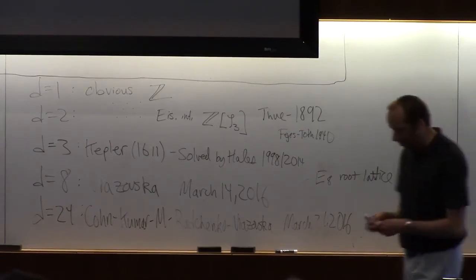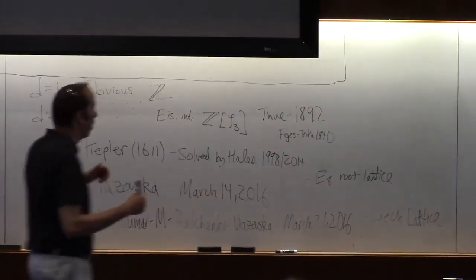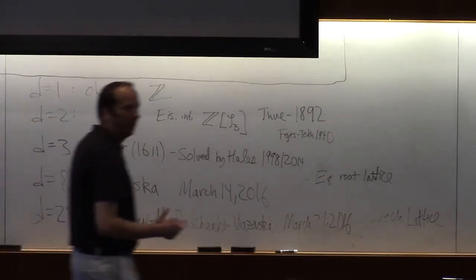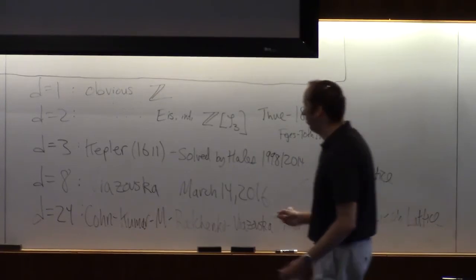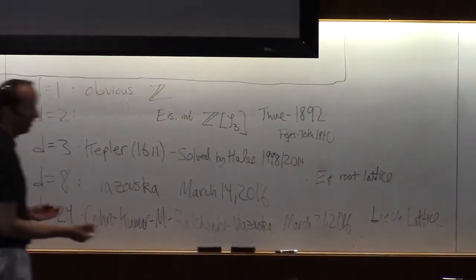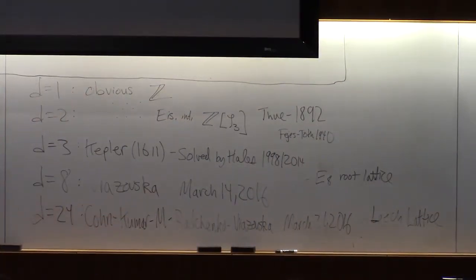So the lattice is a thing I'll talk about in a minute. These were already understood to give very good packings and almost certainly the best packings. For example, Henry Cohn and I had shown that the upper and lower bounds were within like 70, 80 digits of each other, with these examples. But then now there's a rigorous proof.